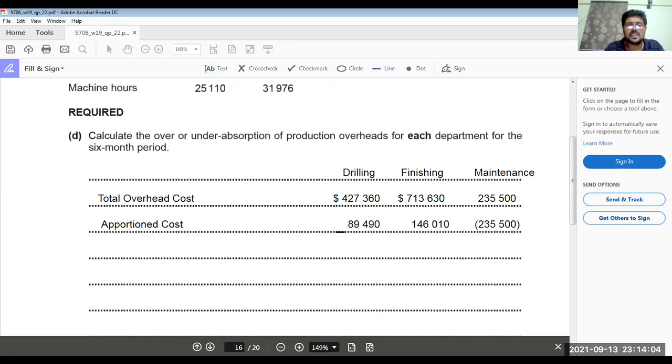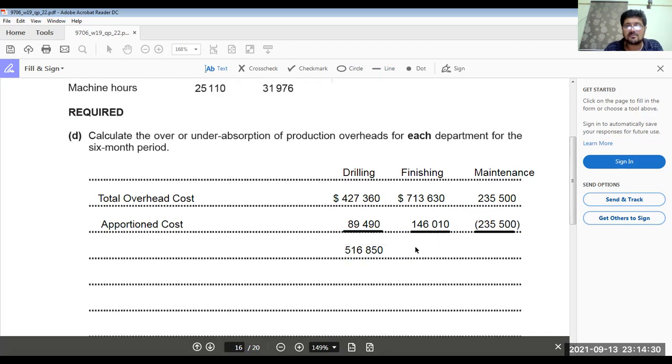Now get the totals over here. 427,360 plus 89,490. Answer is 516,850.